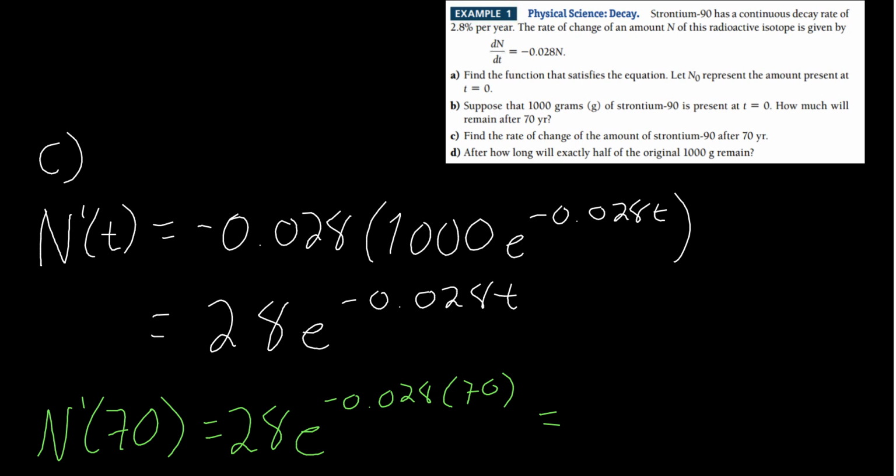So 3.94. Okay, so we are decaying at a rate of negative 3.94 grams after 70 years.